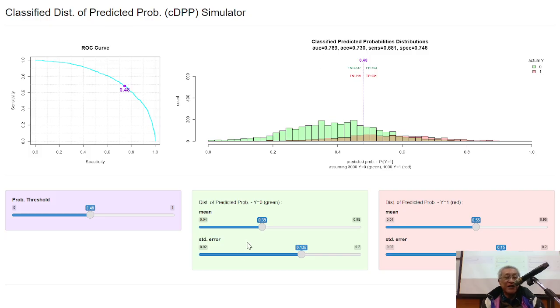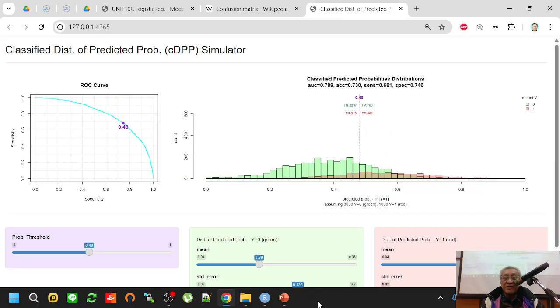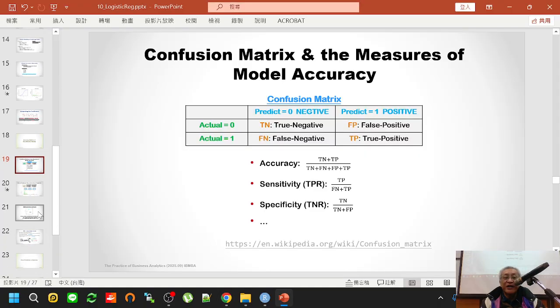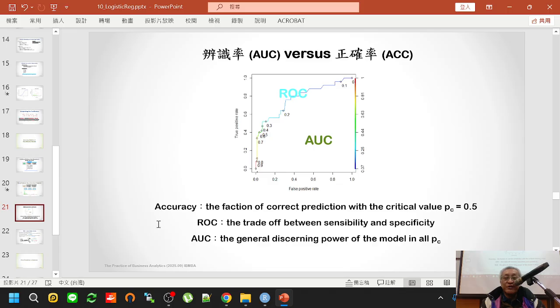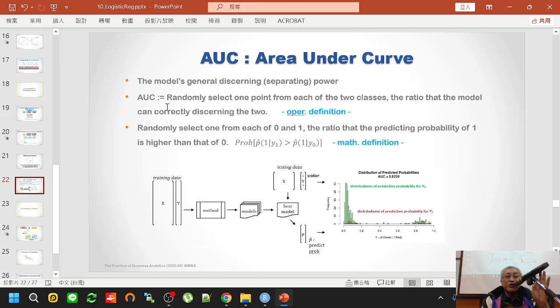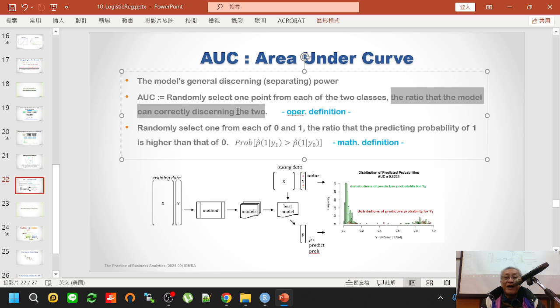It has a very important implication in real applications. It actually equals the ratio that the model can correctly distinguish the two types of data points.